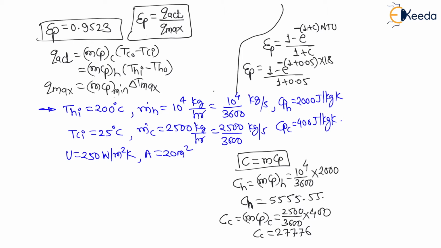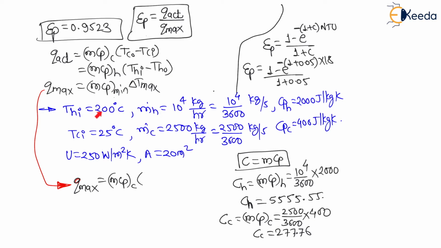Now here I am writing this step. Now this m Cp minimum is nothing but C minimum, and C minimum is for the cold fluid, as we have just seen. Therefore, Q maximum is equal to m Cp of cold into the maximum temperature difference.